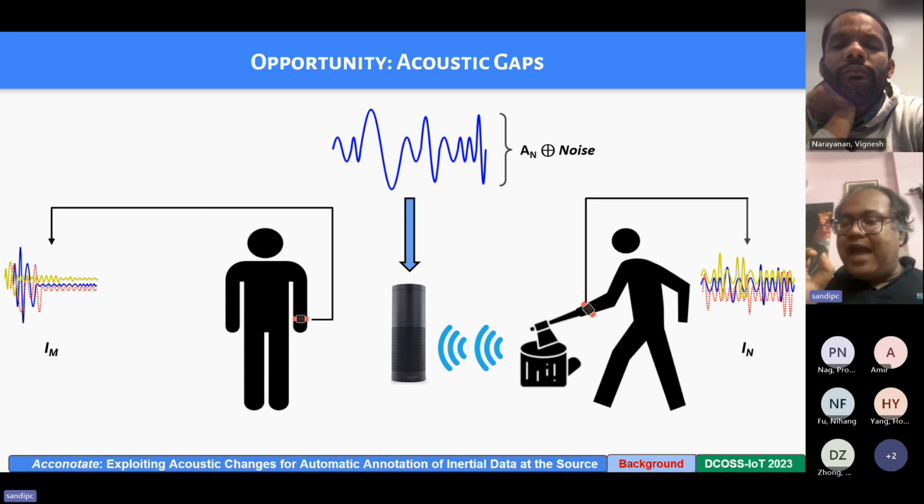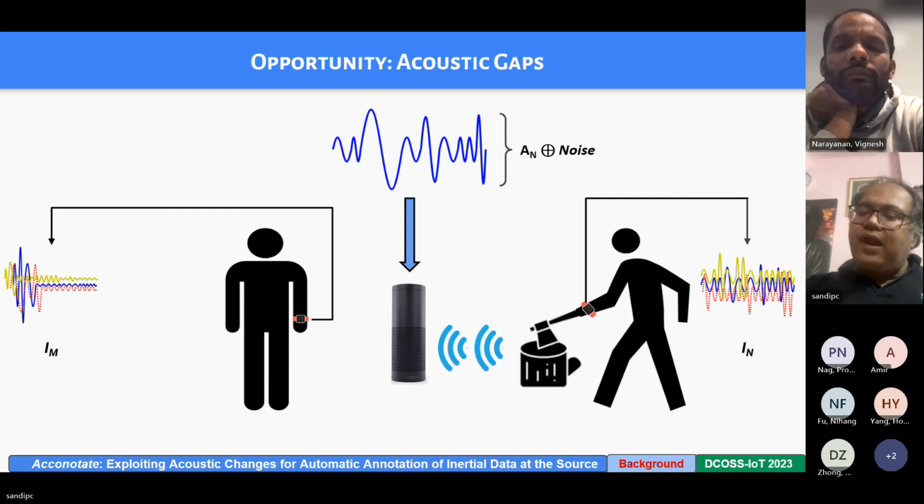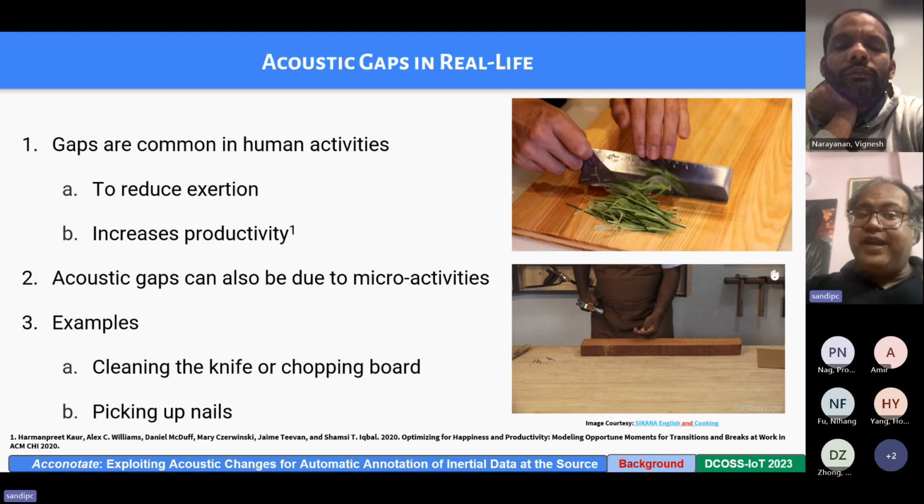That silent gap, we call the acoustic gap. And we take help of this acoustic gap to identify the corresponding activity signature. These acoustic gaps are very common in general human activities. There are different reasons people take them, like to reduce exertion, to increase productivity, and so on.